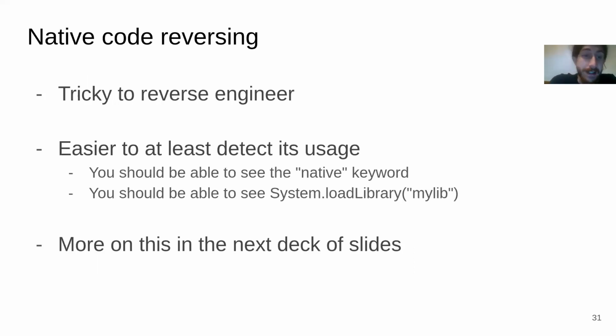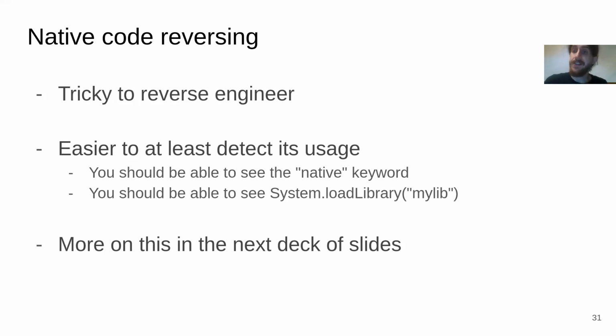Again, native code reversing, as I mentioned, we have slides later on this. It's trickier to reverse engineer, and at least it's easy to detect its usage in the sense that, if from the Java part you are going to reach the native code, there should be some kind of native keyword in the access flags of the method.